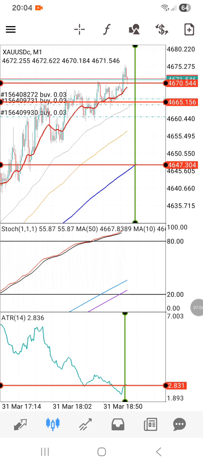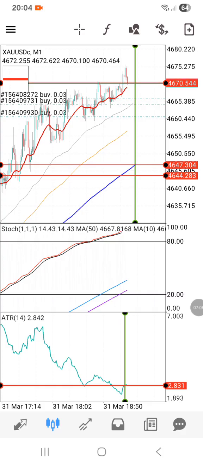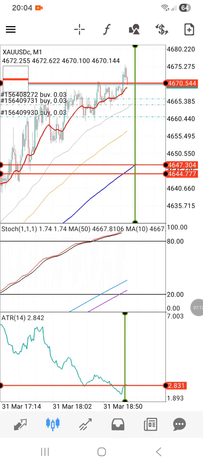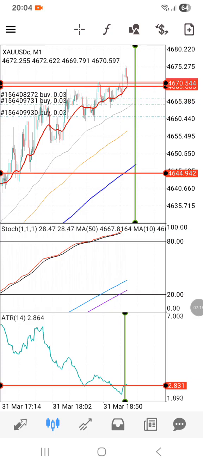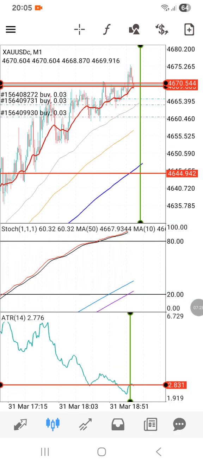You are going to subtract 2.83 from 4647.2. That should give you 4645 or 44.9 or thereabouts. So this will be your stop loss if you're buying, at 4644.942. So that's the strategy. That's what the strategy is all about.